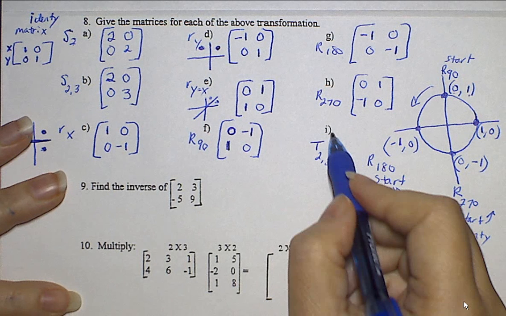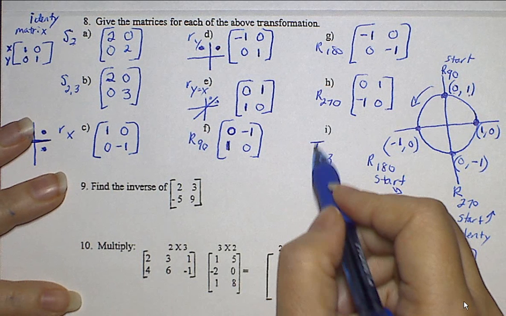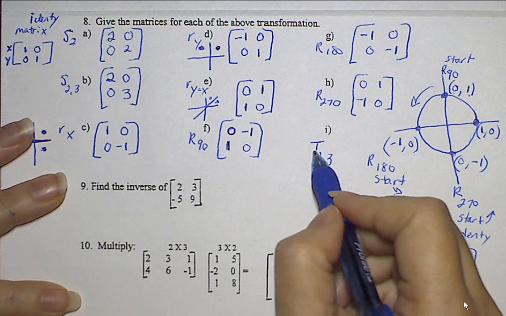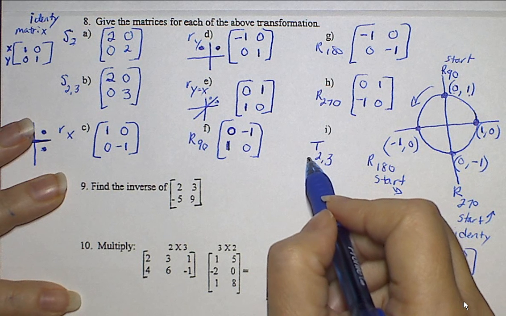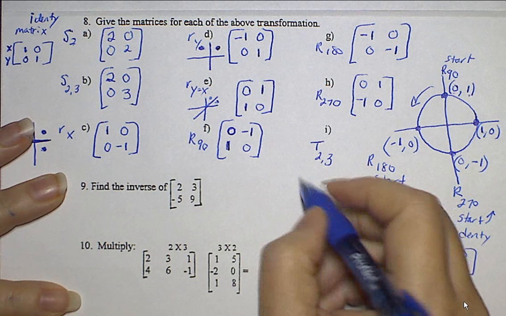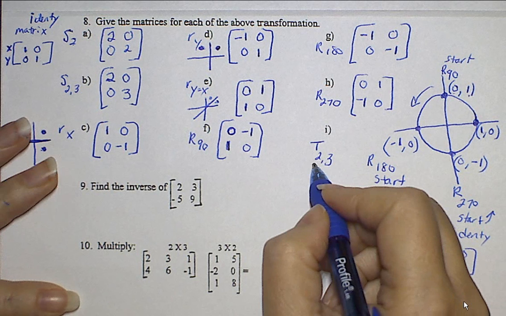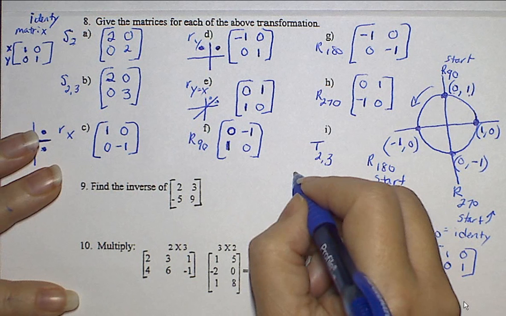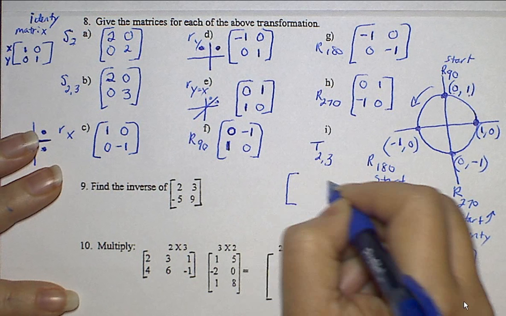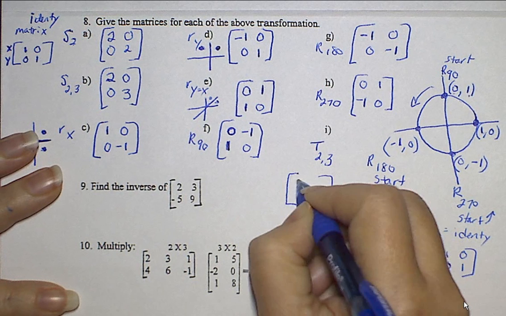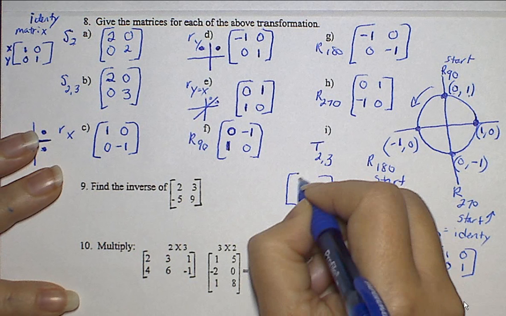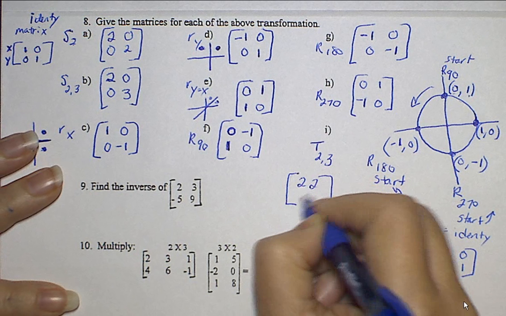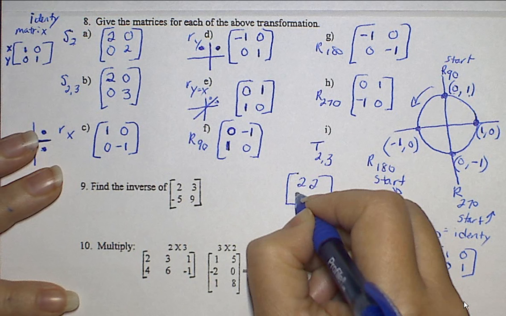Letter I said that we have the translation of 2, 3. So remember that when you add matrices, whatever how many points you have is how many it will be. So say we had 2 points, it would be 2, 2, and then on the bottom, because that's your x's, your 3, 3 would be your y's.